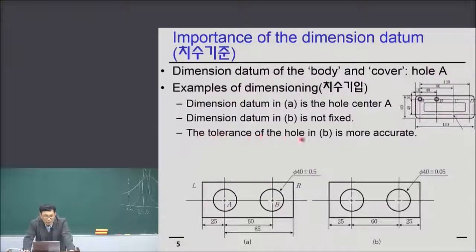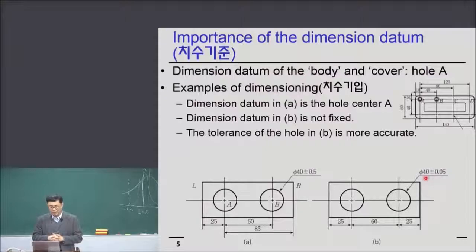Now, the tolerance of the hole in B is pi 40 plus minus 0.05. This is in part A, pi 40 plus minus 0.5. So part B is much more accurate, right?